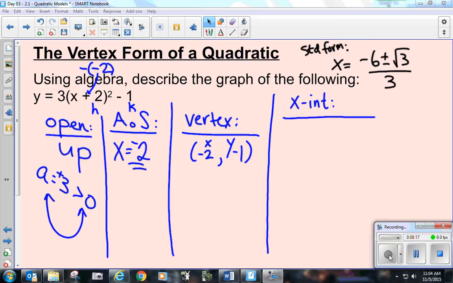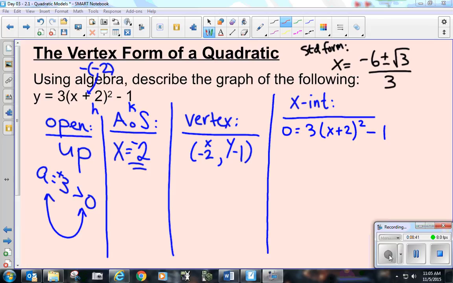All right. Well, let's solve. Okay, x-intercepts are the roots. They're the zeros, right? Solutions. So if I set this equal to 0 and solve it, I should get my x-intercepts. 3 times the quantity x plus 2 squared minus 1. Since there's only one x there, I'm just going to start peeling away from it one at a time, right? What's the first thing I should get rid of there?